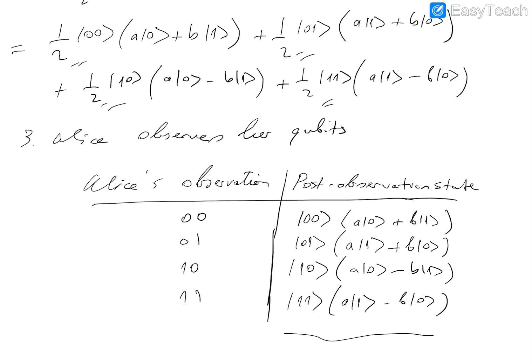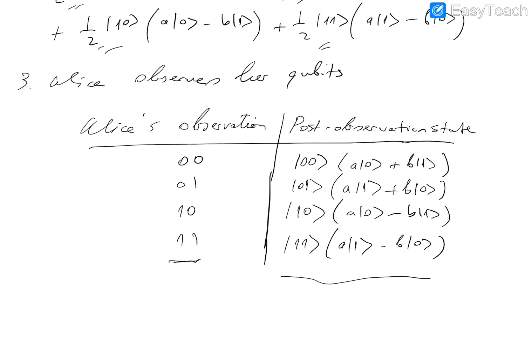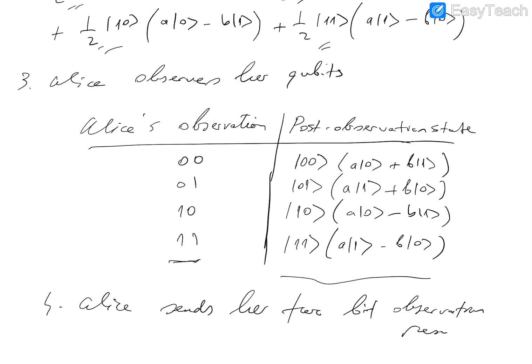Okay. Now, Alice sends Bob her observation results, which is just 2 classical bits, right? So through the classical channel, Alice sends these 2 classical bits to Bob, and then Bob performs the following. So Alice sends her 2-bit observation results.